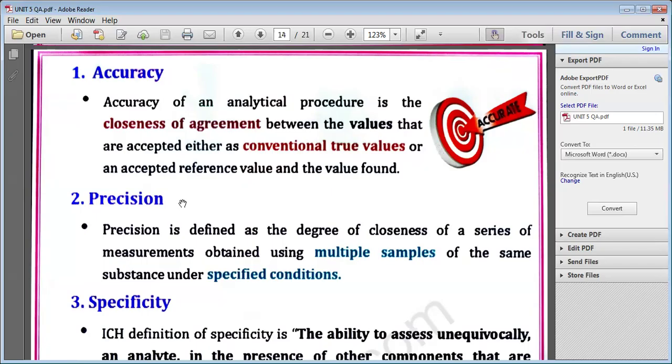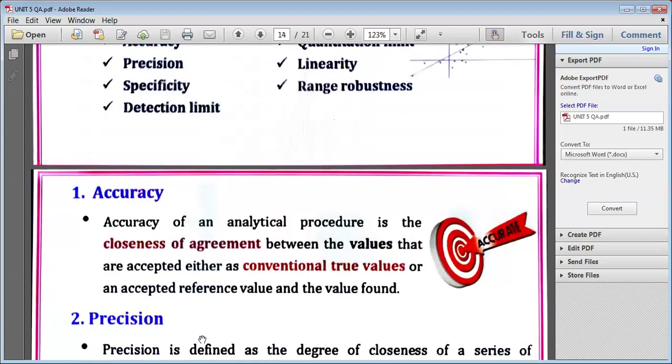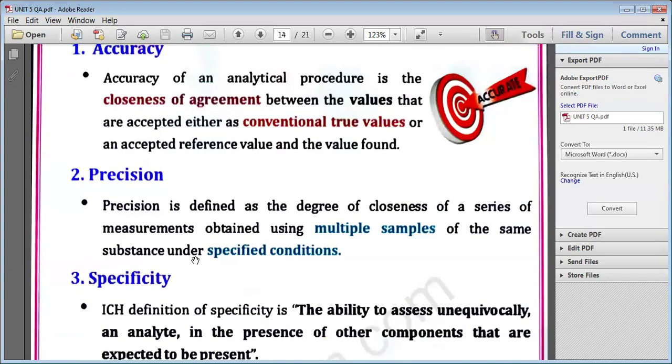Coming to the definition of precision, precision is defined as the degree of closeness of a series of measurements obtained using multiple samples of the same substance under the specified conditions. The values in the method validation should be both accurate as well as precise.